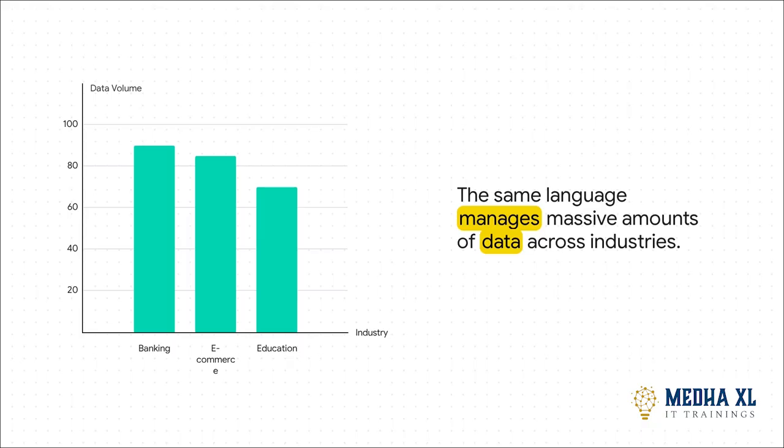So instead of asking what time is it, a bank could ask, hey, database, show me all the transactions over $10,000 from last Tuesday. Or an online store could ask, show me every customer from California who bought a red shirt. See? The language stays the same, but the questions get way bigger and way more important. It's all about turning a mountain of data into one specific answer.